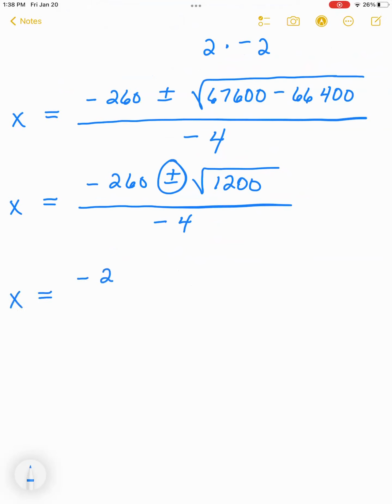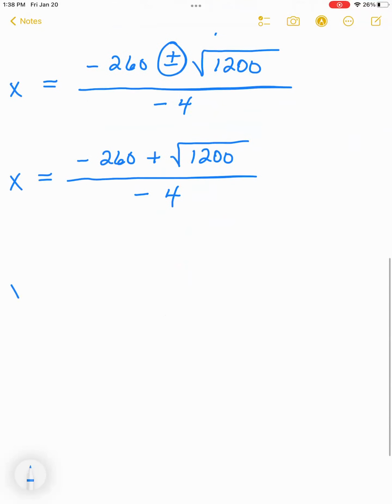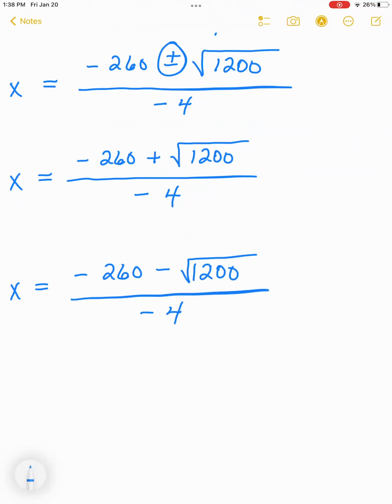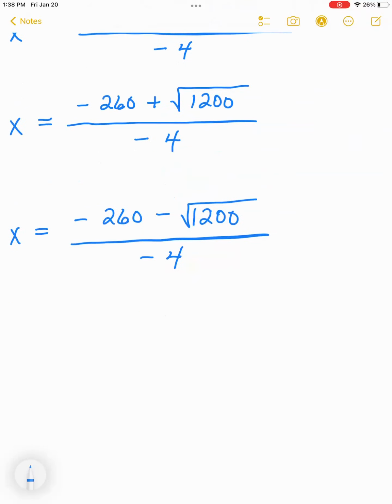So we have -260 plus the square root of 1,200, and that's divided by -4. There's one solution. I just need to work it out in my calculator to see what that equals. And then the other solution is going to be -260 minus radical 1,200, and that is over -4.